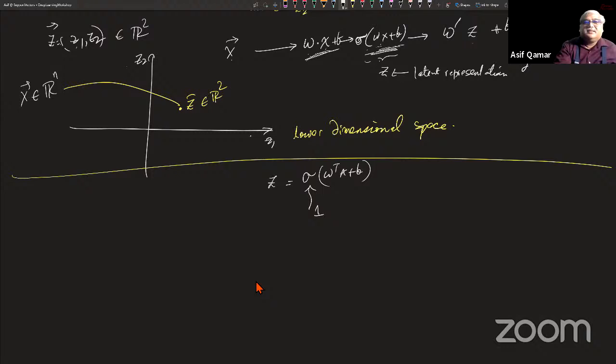Activation 1 means sigma of Z is Z, not identity, not 1. W transpose X plus B is equal to just W transpose X plus B. Means this multiplying by sigma has no meaning. It's an identity operation. Right?